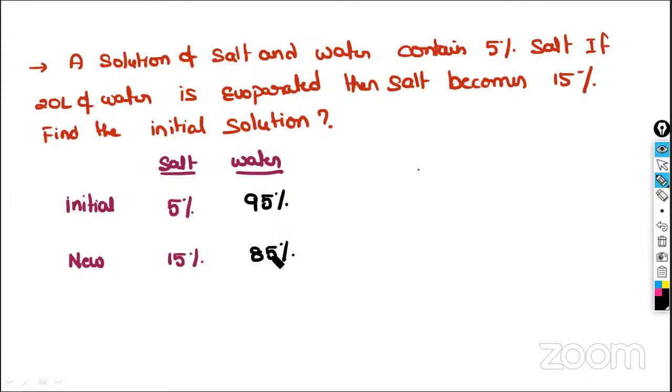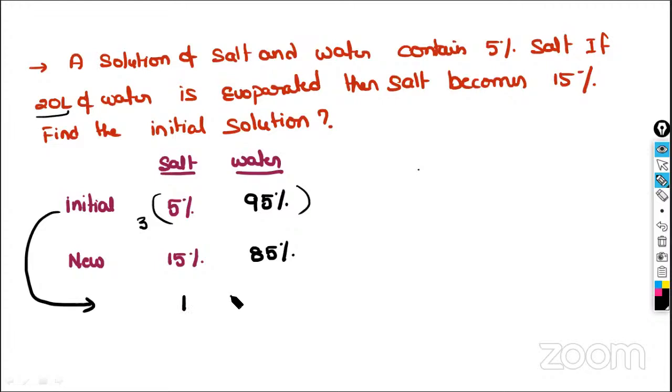So what we have to do, generally, is maintain that the salt is a constant value. That means we can multiply by 3. After that, getting that amount, the difference will be equal to the 20 liters. It will take a lengthy process, right? So the easy process is to take fraction values. It is easy for me.